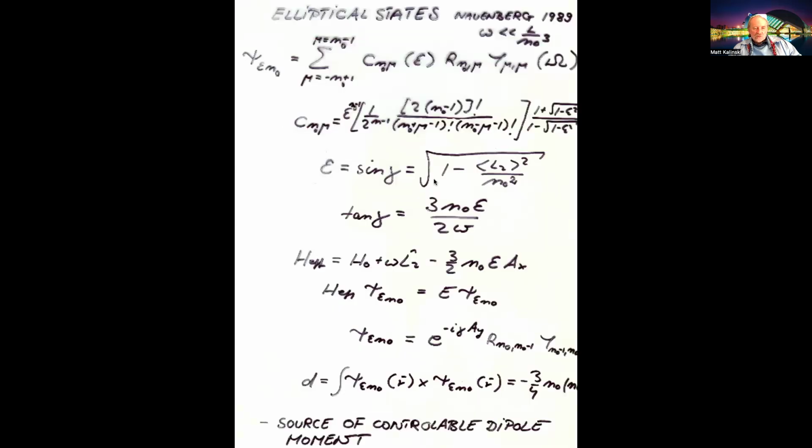And how was it constructed? We put one electron in a so-called elliptical state. And what is an elliptical state? If you know the Kepler problem, the solutions are not only circles. They are conic curves, and they are either a hyperbola or ellipse or circle, depending on the energy.